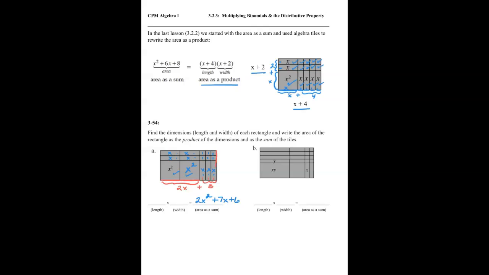Taking a look at the other dimension here, I've got 1x right here, and a length of 2 units. So my area as a product of length times width is 2x plus 3 times x plus 2.